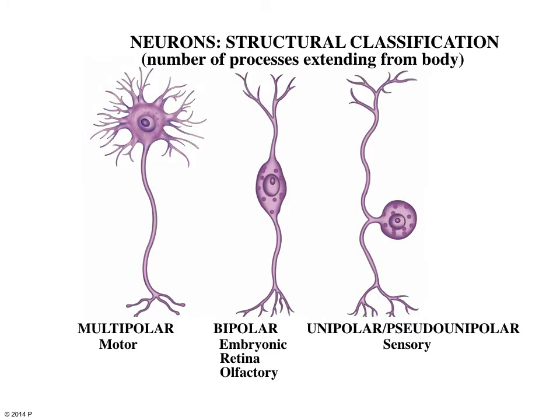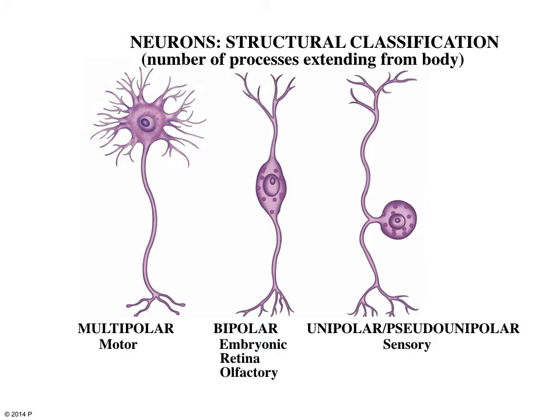Classification of neurons. Two ways of doing this, structurally or functionally. The structural classification has to do with how many processes extend from the cell body. Multipolar, many processes. These would be motor neurons and most interneurons.